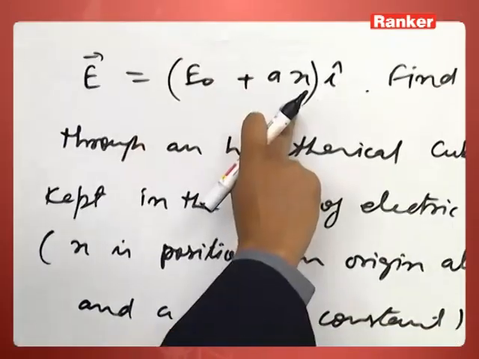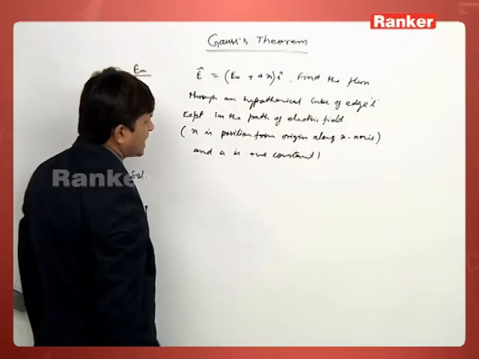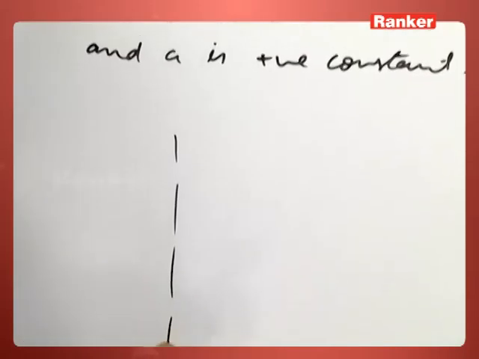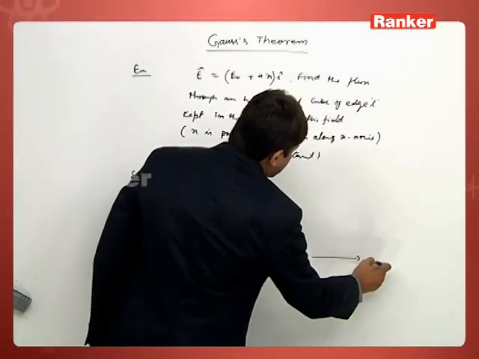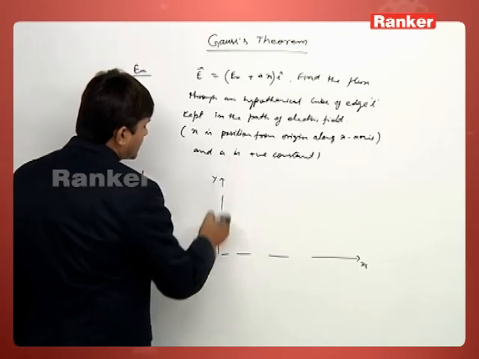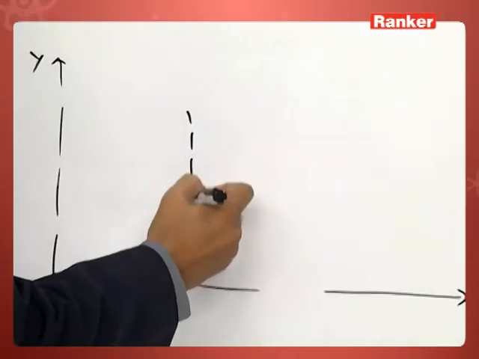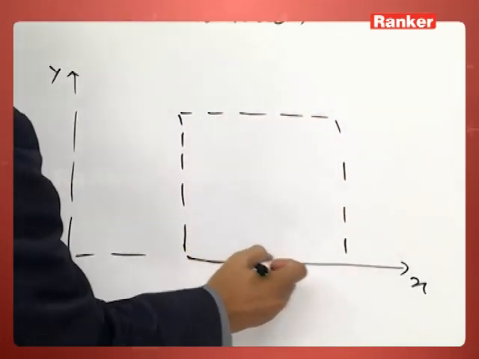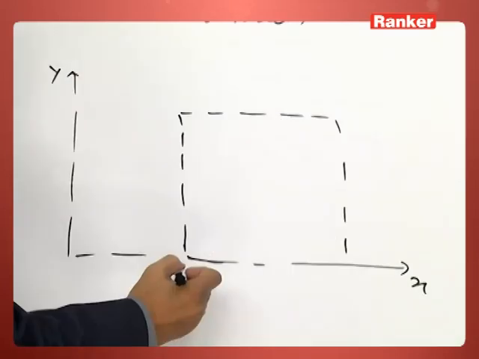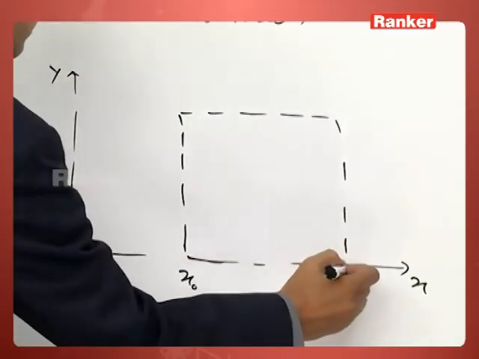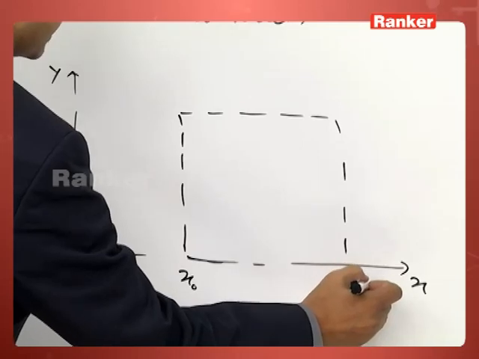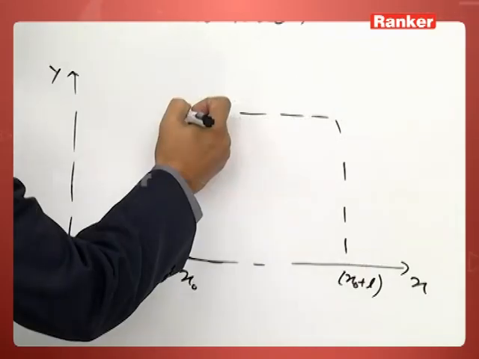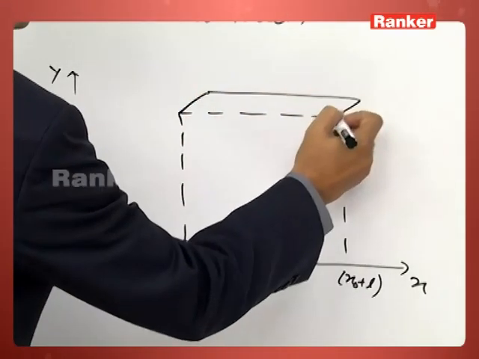But it is acting along the x direction, and we have a hypothetical cube of edge L. It means if we consider this as the x and y axis, this is a hypothetical cube kept in the path of the electric field, and the coordinate of this face is x naught, and this will be x naught plus L. So we want to find the flux through this cube.